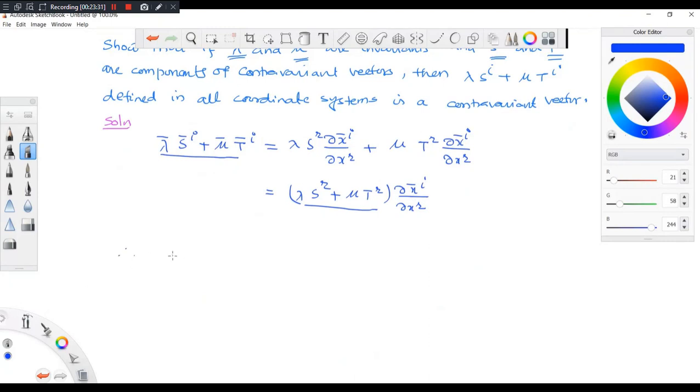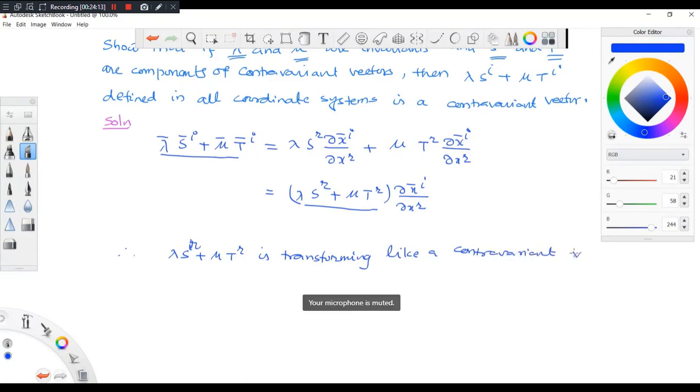Therefore lambda S^r plus mu T^r is transforming like a contravariant vector.